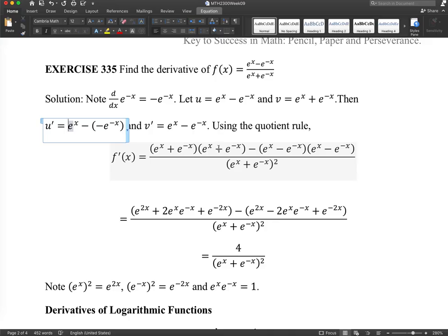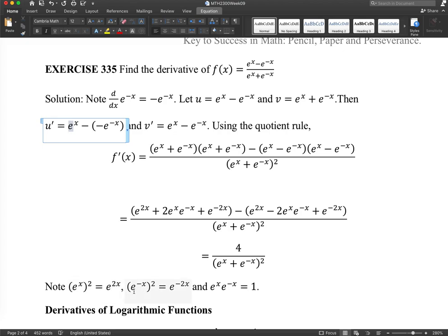The one thing you may want to be clear about, e to the x times e to the x is e to the x to the power 2. It's not e to the x squared. It is e to the 2x. I hope you are convinced. Because really it is e to the x times e to the x. It should be e to the 2x.